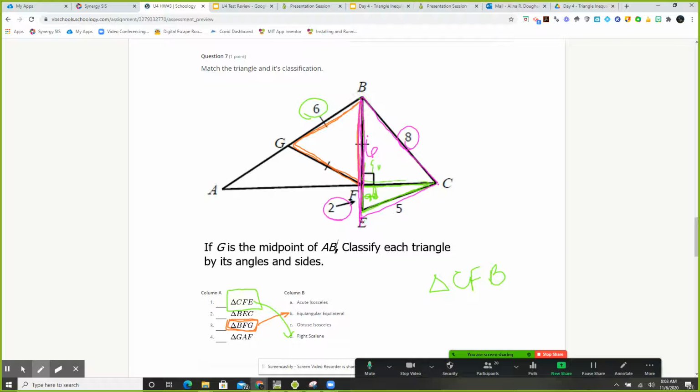So from B to E equals 8 and BC equals 8. So what kind of triangle is that pink triangle, the BEC triangle? And you definitely had to do some addition there. 6 plus 2 equals 8, and that equals 8. So if I have two sides that are 8, is that acute isosceles or obtuse isosceles?